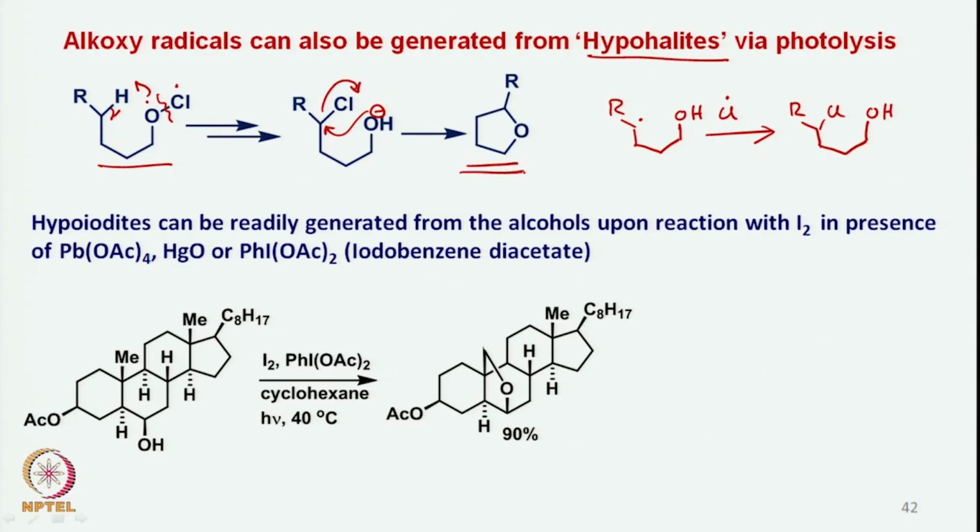tetrahydrofuran. One can also use hypoiodites that can be generated from the alcohols upon reaction with iodine in the presence of lead tetraacetate or mercuric oxide or iodobenzene diacetate. This is an example of that under these conditions at 40 degrees.